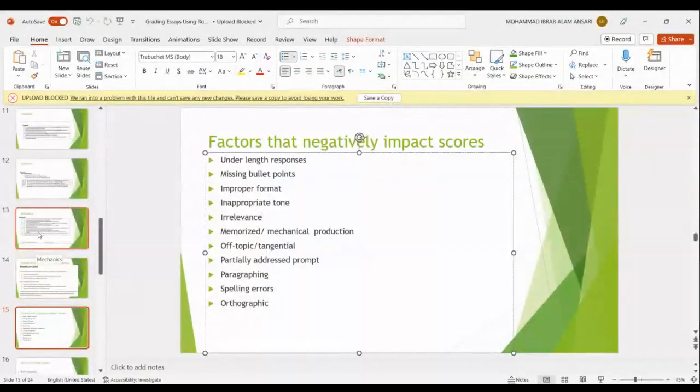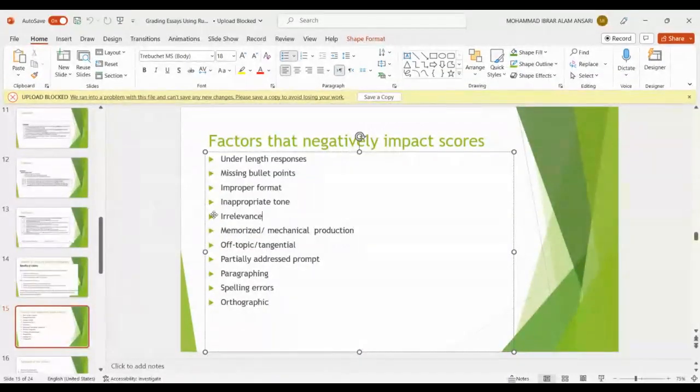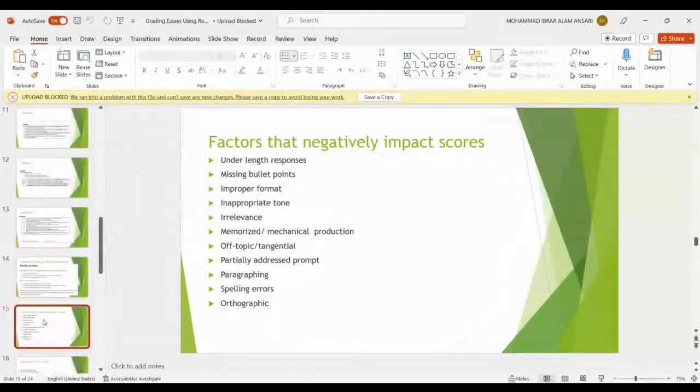So they have to write using registers, academic collocations, and so on. And they have to be relevant in terms of ideas. Sometimes students produce memorized phrases or paragraphs, memorized paragraphs.